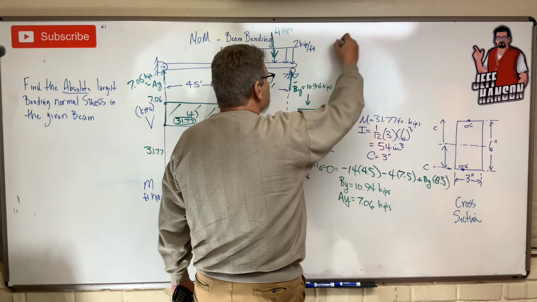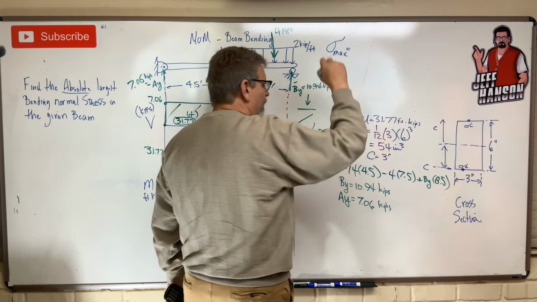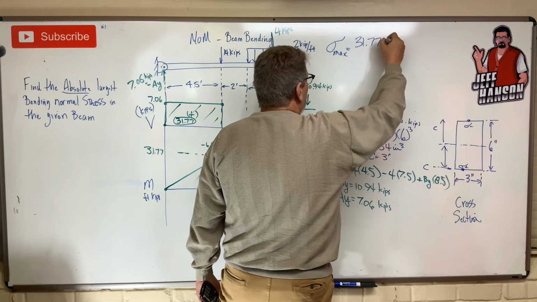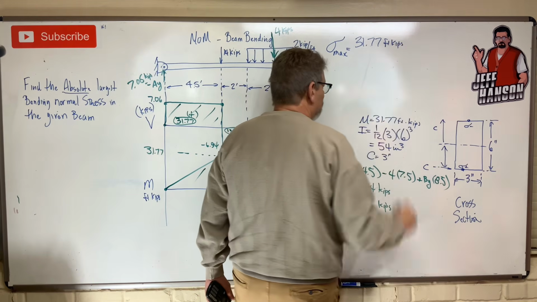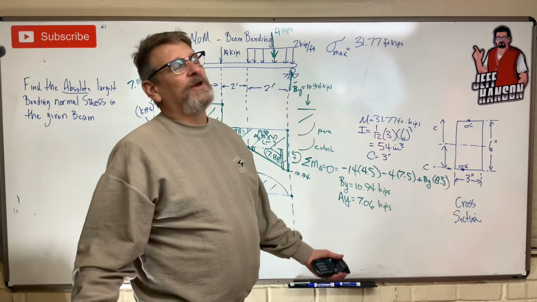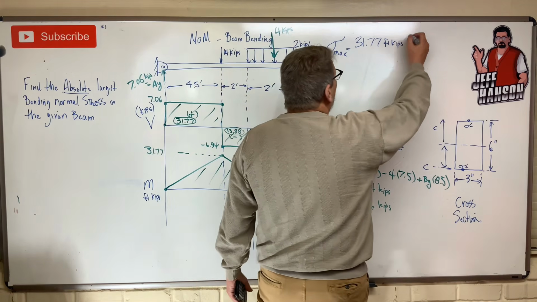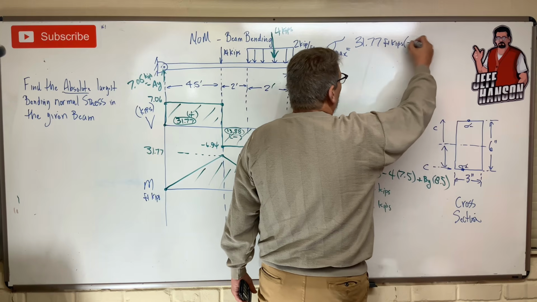So here we go. Sigma max equals M, 31.77 foot kips. Do we want feet? No, we got to have inches. I know if you had millimeters, you could just divide by that. Okay, so what is a foot? I've got foot there, so I want foot on the bottom.